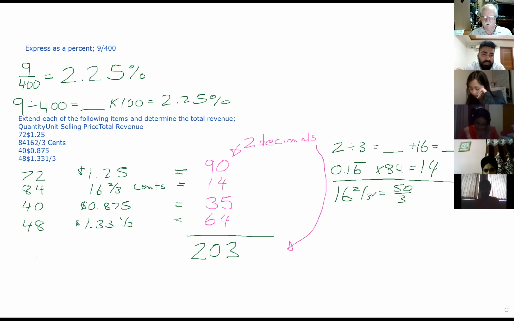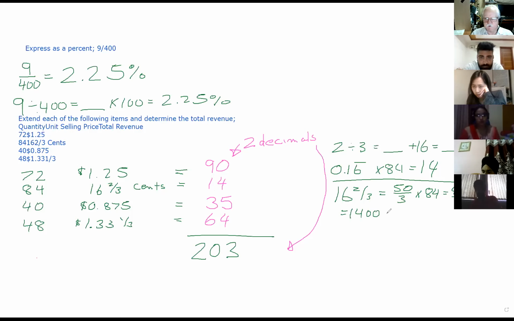Oh, okay. I was just going to look at this one as 50 over 3 times 84. What would that be? 50 times 84 would be 4200 over 3, divided by 3, and that would give us 1400.